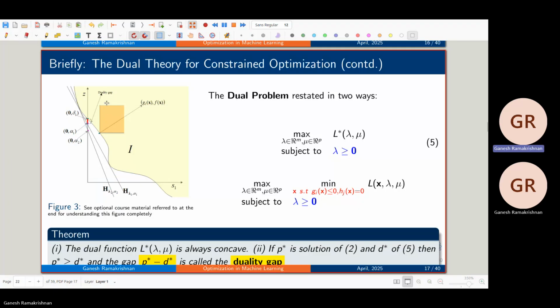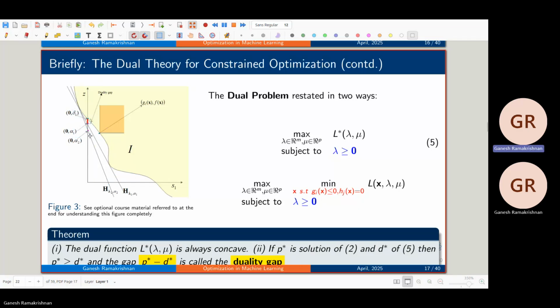Just like the y-axis for the primal problem was the value of the function, similarly, the y-axis for the dual problem is also the value of the function, right? As I keep changing the hyperplane, I'm changing the value of lambda, and I'm changing the value of the y-intercept.